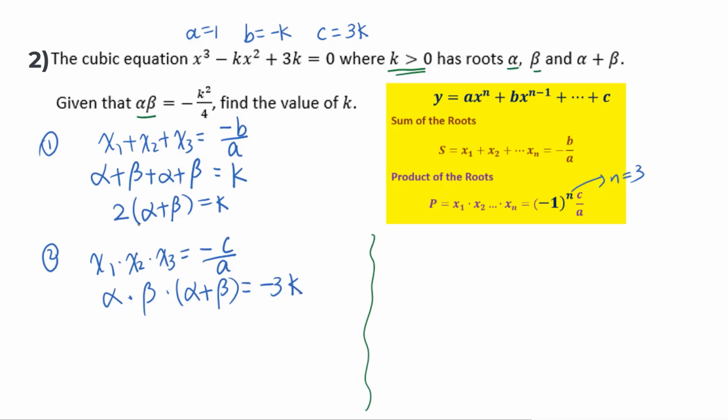From here, we can get alpha plus beta equals k over 2.